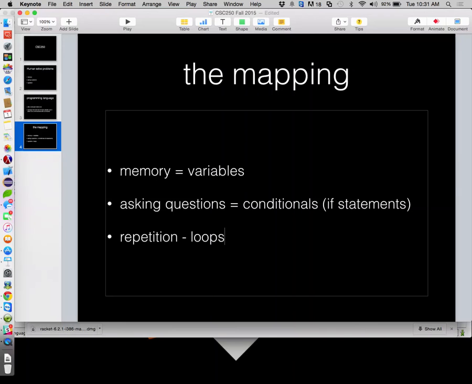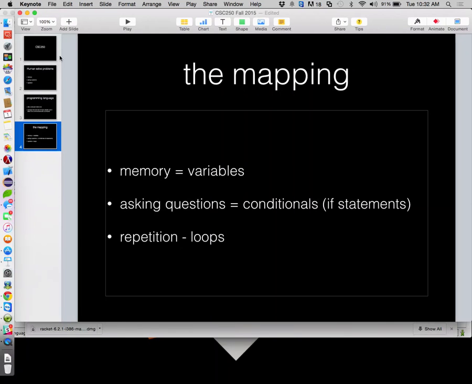So if you're already a competent programmer and there's a brand new language you're interested in learning, if you can just sit down and figure out how do I do variables, how do I ask questions, how do I do repetition in that language, you can already solve a large classification of problems using that language.